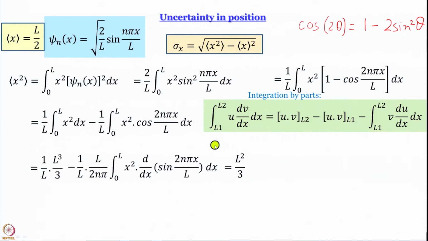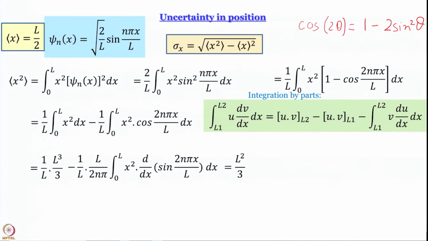Integral between limits L1 and L2 u dv dx into dx, that is why we have to write it as dv dx. U into dv dx dx is equal to product of u and v, substituting the limit L2, minus product of u and v for the limit L1, okay, minus integral L1 to L2 v du dx dx.